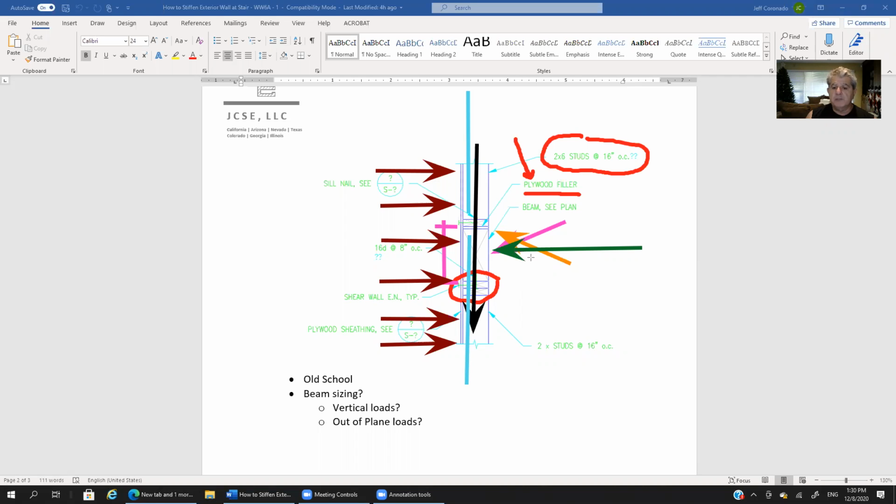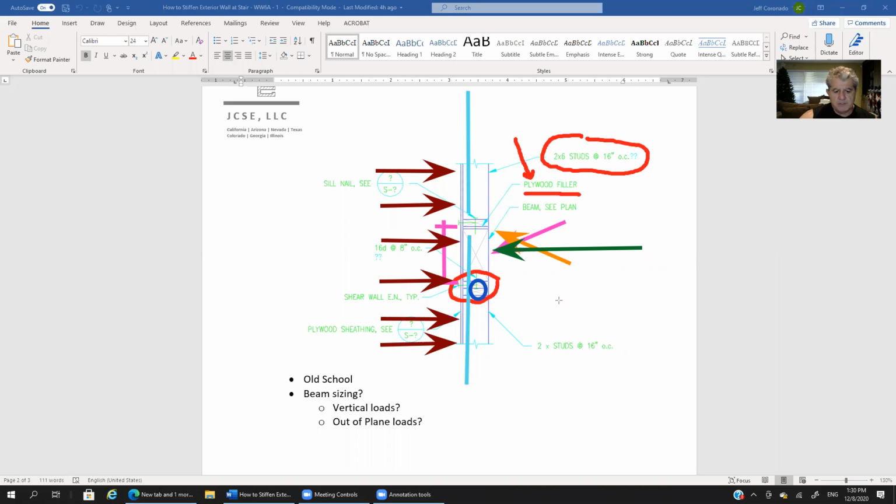So this beam needs to be strong enough, and stiff enough, so that it in essence resists the thrust created at the hinge. Remember that there's a hinge here, between the studs. Really the hinge is introduced at the double top plate. So that's where our hinge is.